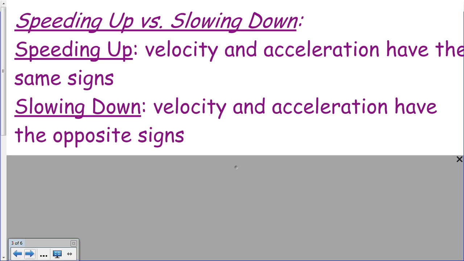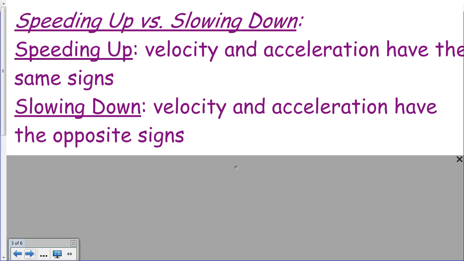On the other hand, you're slowing down if velocity and acceleration have opposite signs. So if your velocity is positive, that again means you're moving in one direction, we'll say the forward direction. And if the acceleration is negative, the velocity gets you moving in that forward direction, but the negative acceleration means that it's decreasing your velocity as you go.